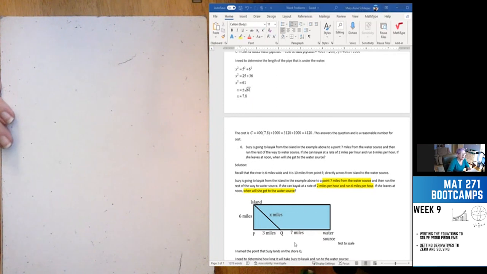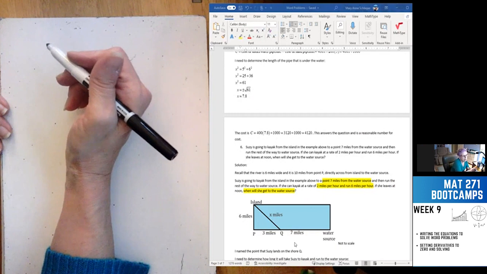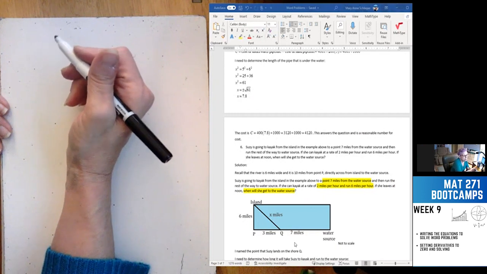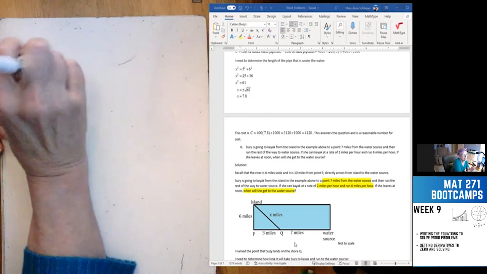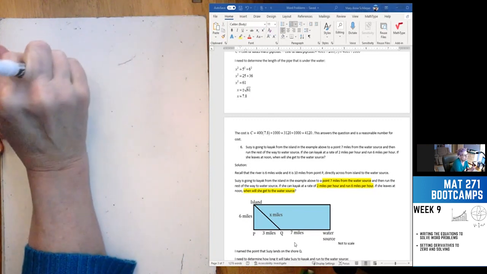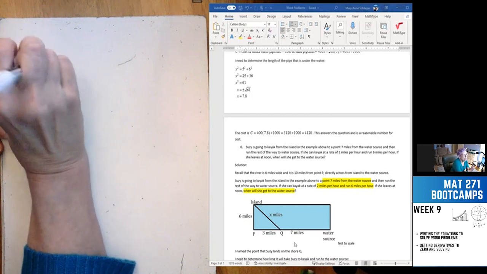This one has a little extra added twist because it's not just a cost that is cost times the number of miles. You have to figure out the time. It's 6 miles wide and 10 miles to the point where she's going, to the water source. She's going to go to a point that is 7 miles from the water source and then run the rest of the way, hopefully not carrying the kayak.